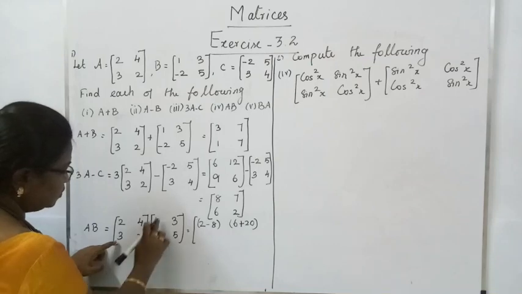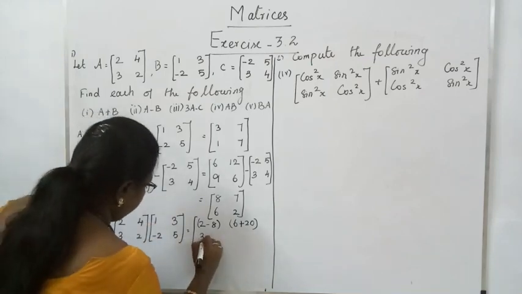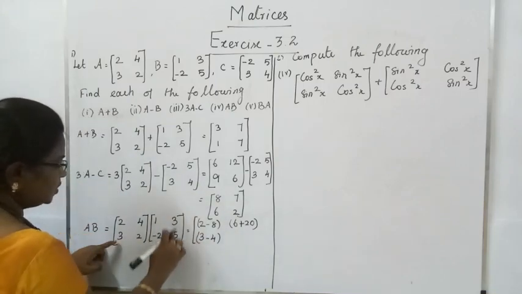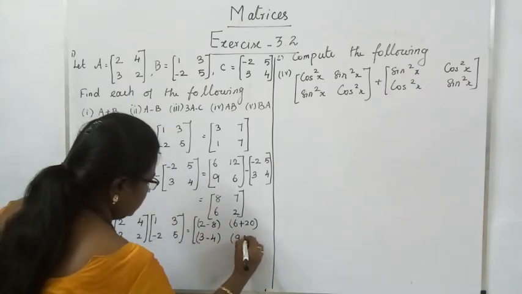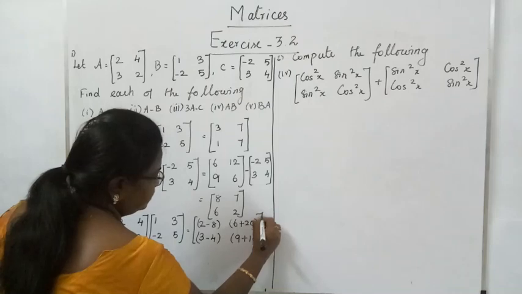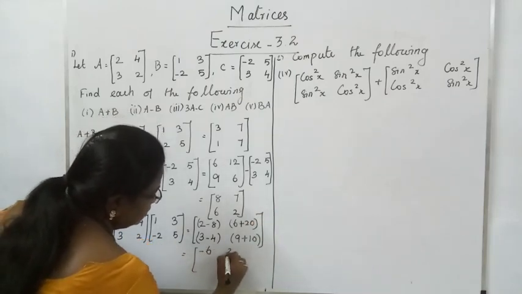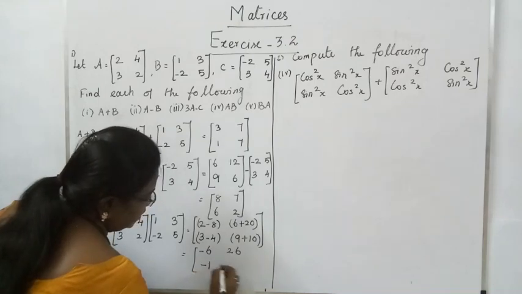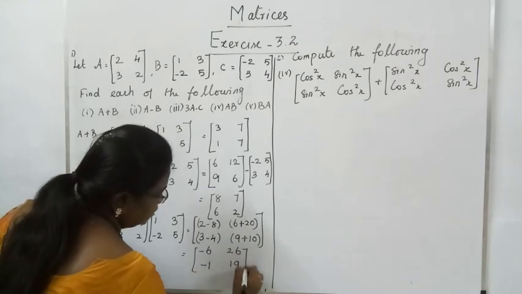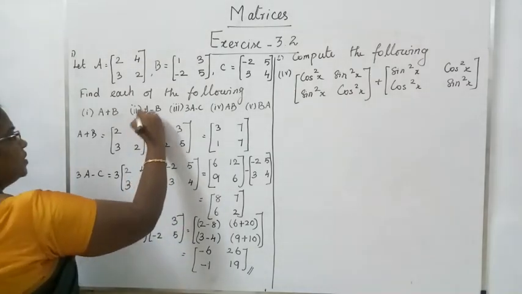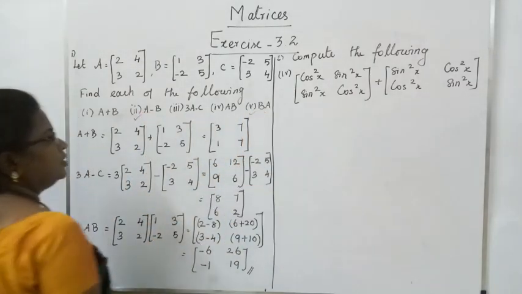Second row with the first column: 3 minus 4, 2 times 2 is minus 4. Here second row with second column: 3 times 3, 9, 2 times 1, 2, sum 10. Now see this value, it is minus 6, 26, minus 1 and 19. This is AB. So these two you try out, A minus B as well as BA.